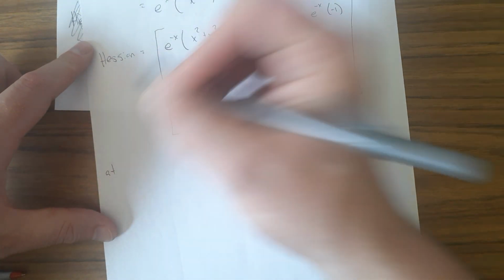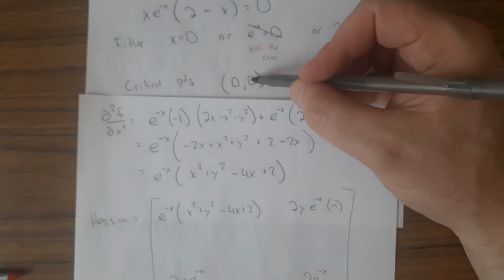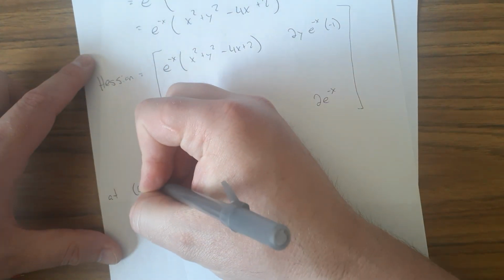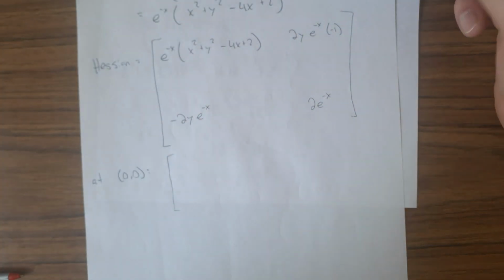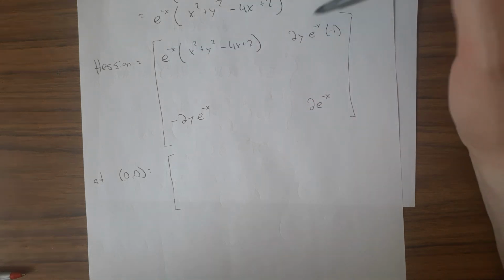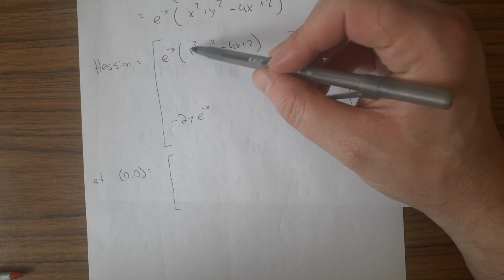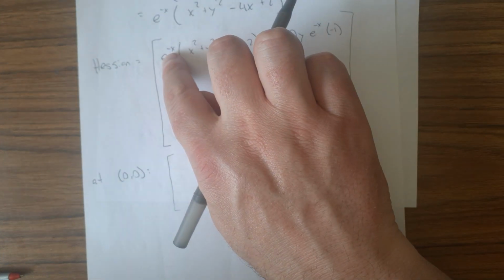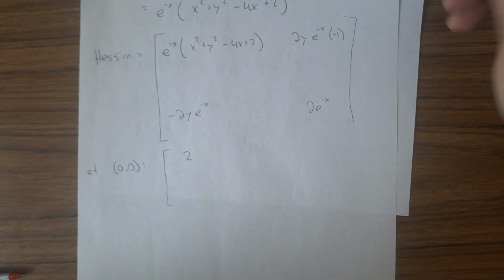Okay, we have 2 points. I've got 0, 0. What do we get? Let's keep in mind e to the 0 is 1. So all of these e to the negative x's are just 1. And so I'm plugging in 0 for x and 0 for y. Here I'm just going to get 1 times 2, so 2.